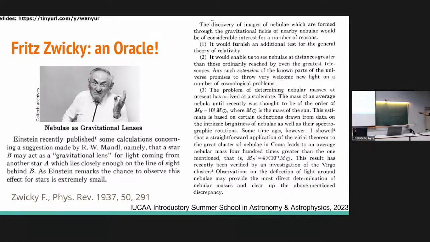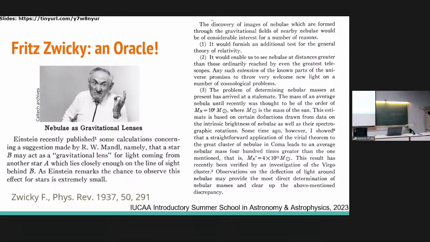Okay? So he said that you can use this discovery of images of nebulae, which at that time was another name for galaxies, because people were just trying to get warmed up to this idea that there could be these other galaxies lying out there.